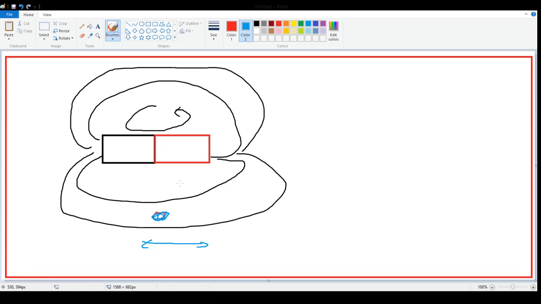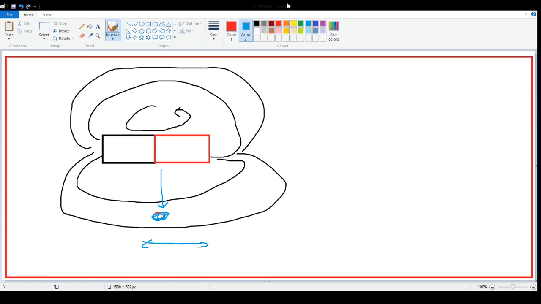But right now, the magnetic field would be kind of oriented this way. It'd be passing through the blue dot in that particular way, and it'd be a certain distance from the magnet, so it would have a certain amount of magnetic field there. As you get closer, the magnetic field increases. As you get farther away, the magnetic field decreases.